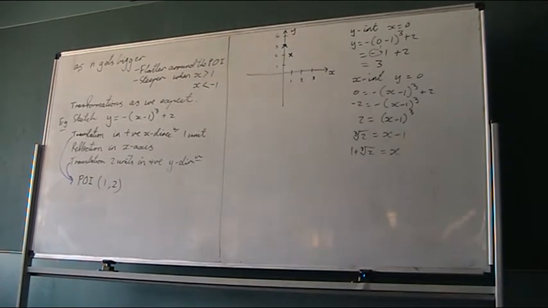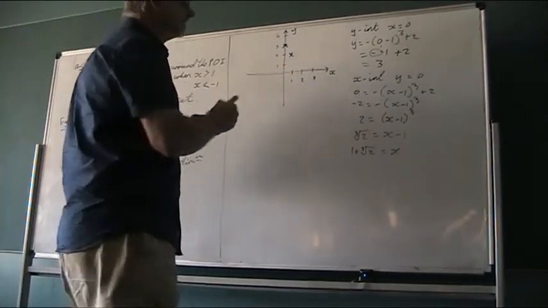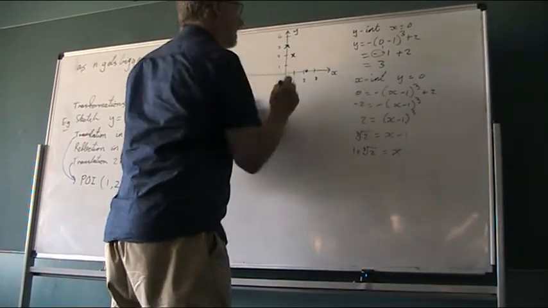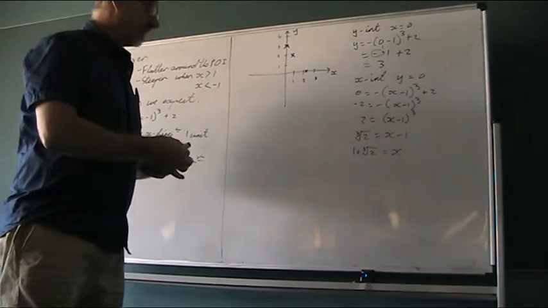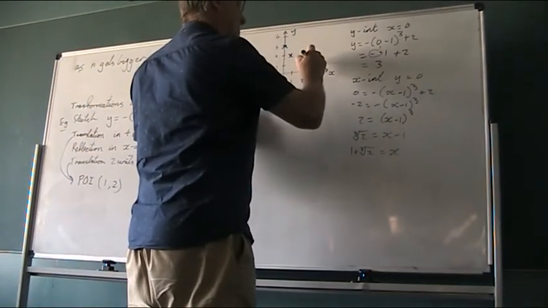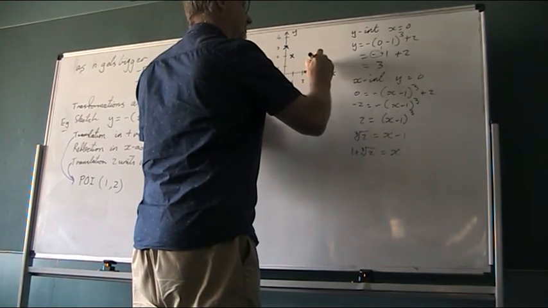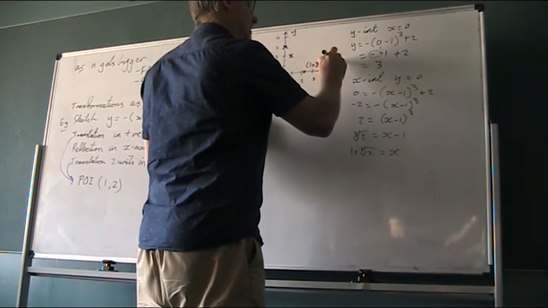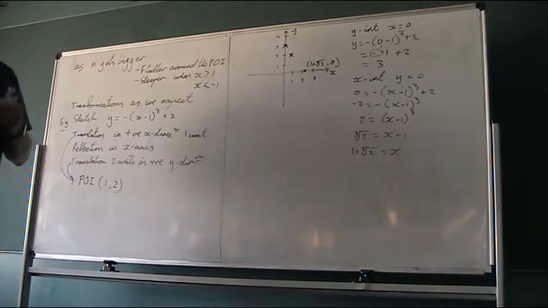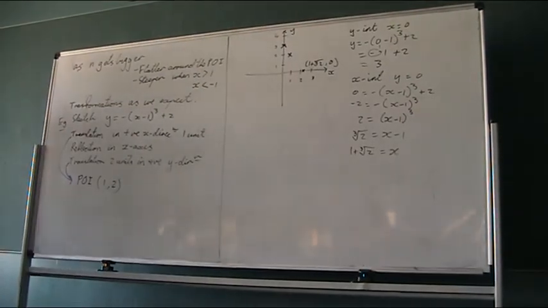About 2.25 according to the calculator. So it's about there. We can get away with that without worrying too much about it if we just label that point as 1 plus the cube root of 2 and 0. So all we need to do is have it round about.